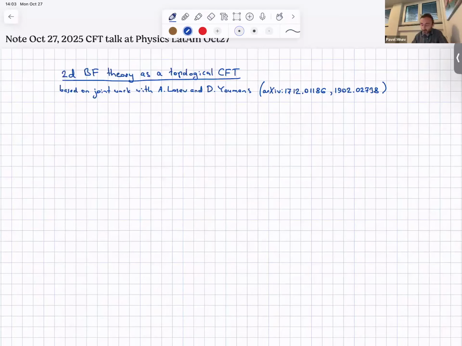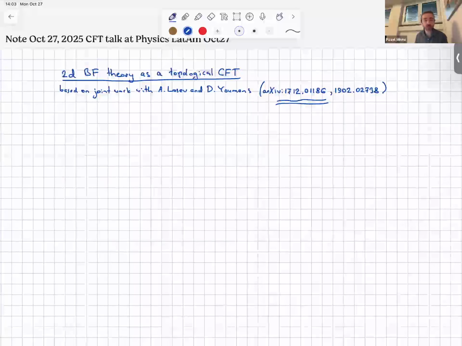I'll talk about it. As a basic case, most of the time I will be talking about the abelian BF theory, and this is covered in this paper here. The first link here, and this is all work with Andrei Lossev and Donald Youmans.